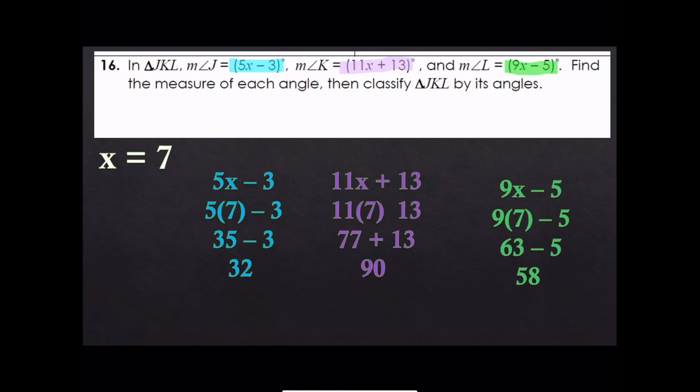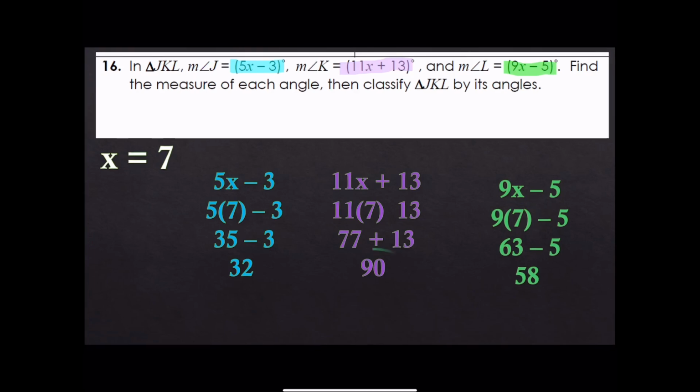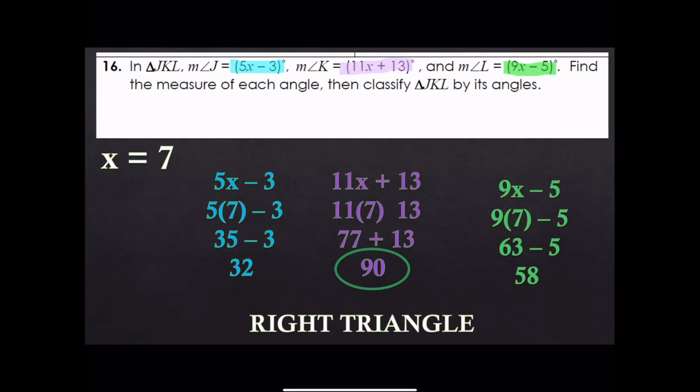When you find the value of x, you replace it in the expression, and then you evaluate. Now, if you look at your three measures, I have 32, 90, and 58. The key one that sticks out is 90, meaning this is a right triangle. You have now found the measure of each angle, and you've classified it. Now this problem is done.